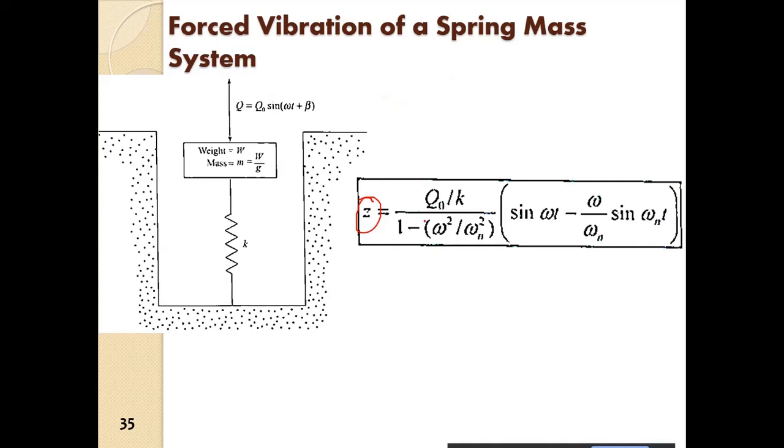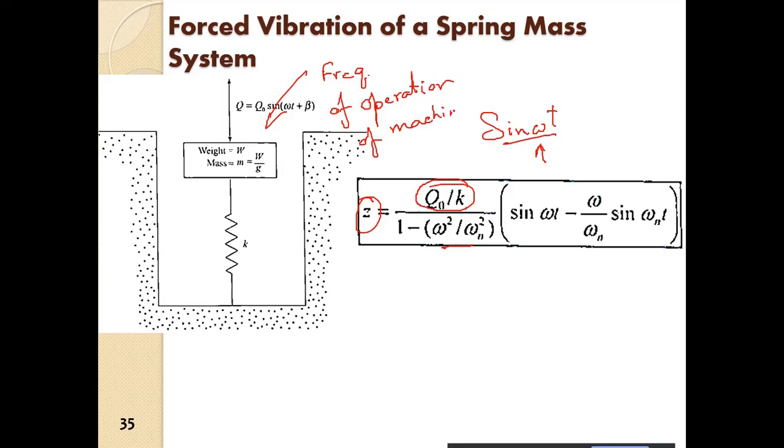So Z is equal to delta static by the frequency factor, and we have two motions: sine omega t, where omega is the frequency of operation of the machine, and sine omega n t, the natural frequency of the system.